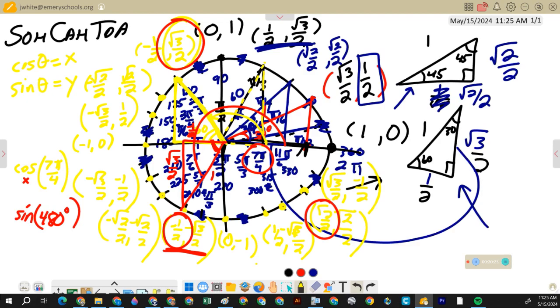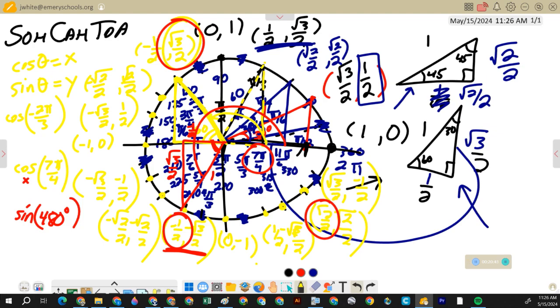Okay? What about the cosine of negative 2 pi over 3? Which quadrant is negative 2 pi over 3 in? It's in quadrant 3. Where does it land?